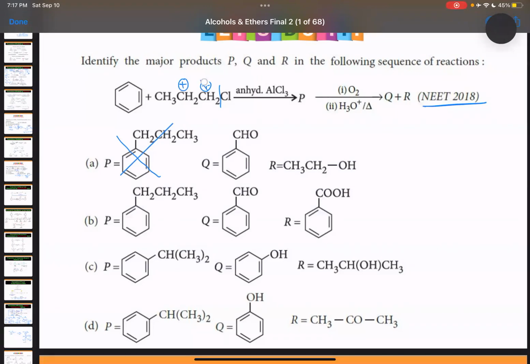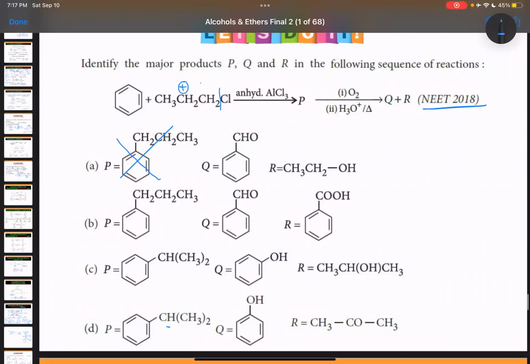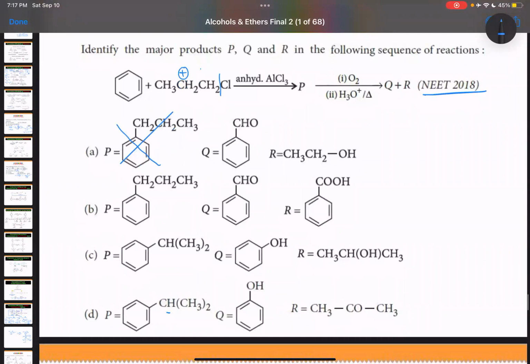That is known as rearrangement. Let me know if anything needs to be explained. And finally the cation gets attached from the middle point. So this is isopropyl benzene, right? Though you started with normal propyl, it has undergone rearrangement. And then it will be O2 and H plus, that is phenol and acetone, right? Option D is the correct option, right?